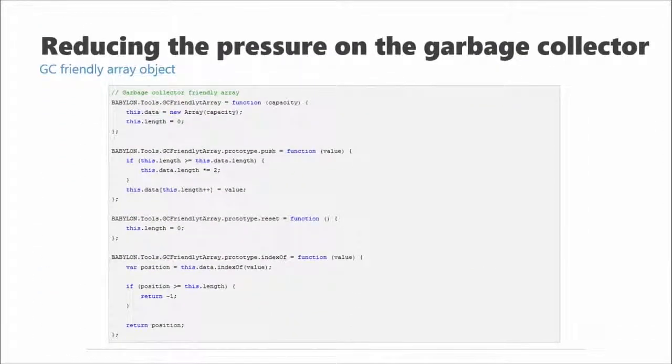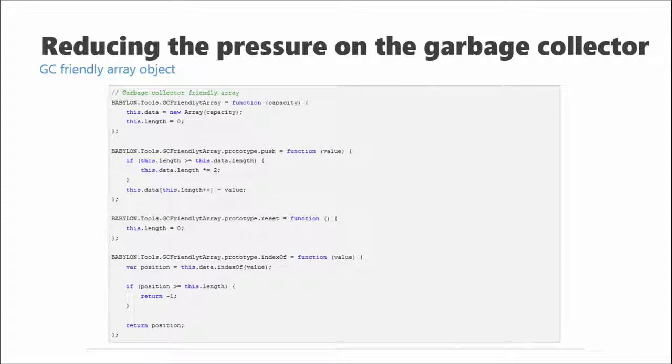Then we also created a different array, a GC friendly array, garbage collector friendly array. This array is a simple array where we control the length. Meaning, if you want to reset your array, before I had to create a new array.